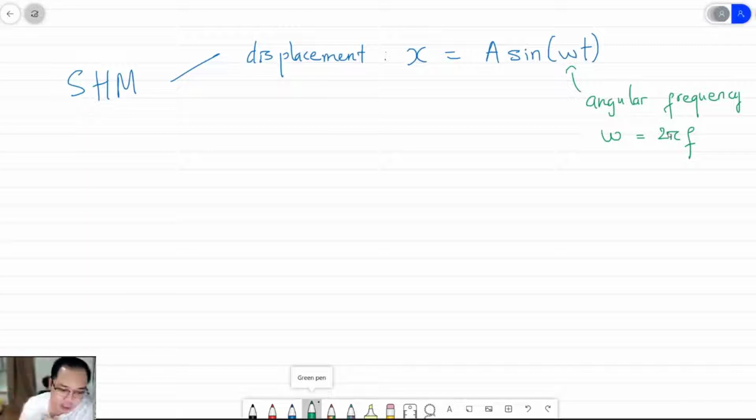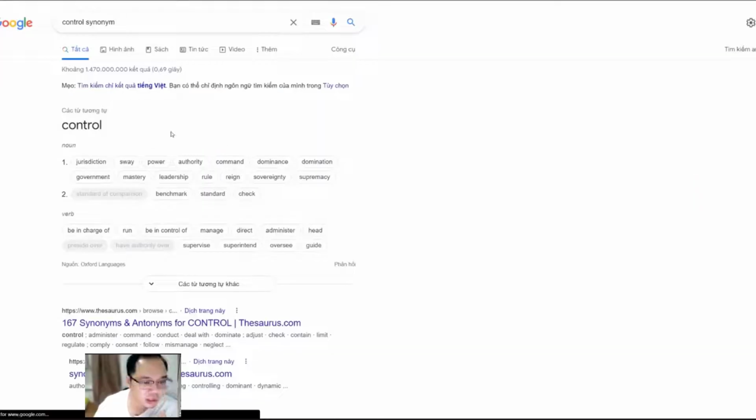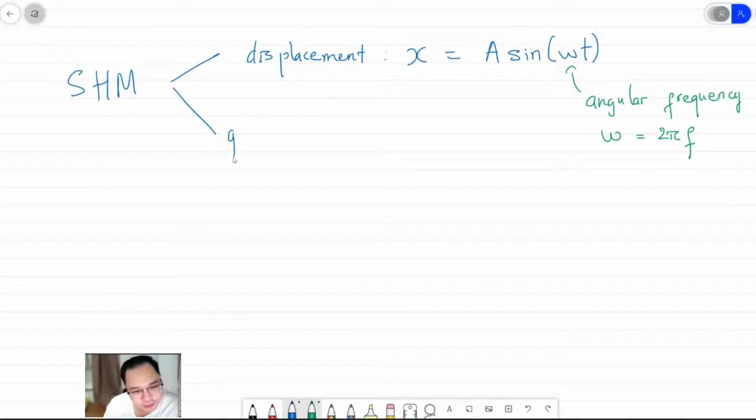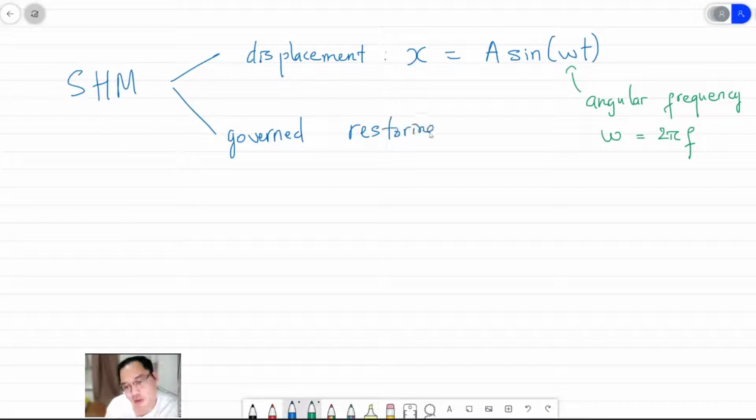The second property of simple harmonic motion is that it is governed by the resultant force, called the restoring force.